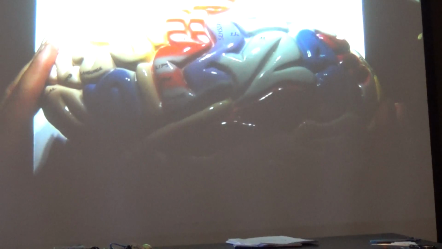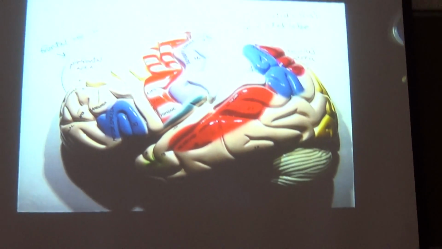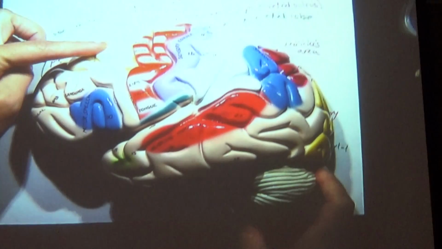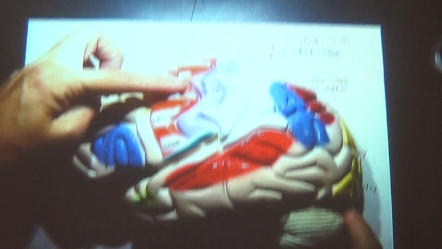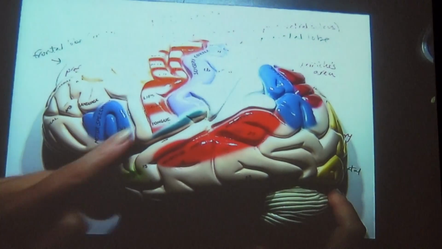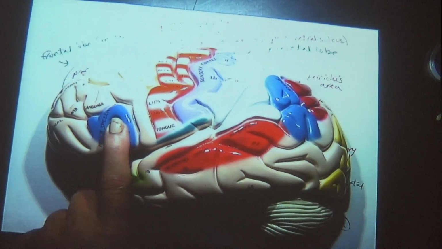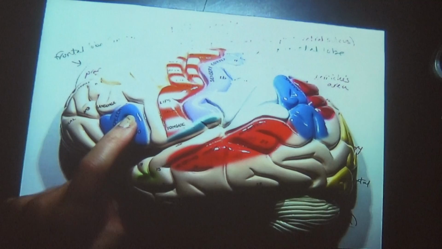So here's your frontal lobe. There's the prefrontal area right here. So prefrontal here is premotor, and then primary motor. This one here, where it says motor speech, that's Broca's area. You can call it the motor speech area if you want.